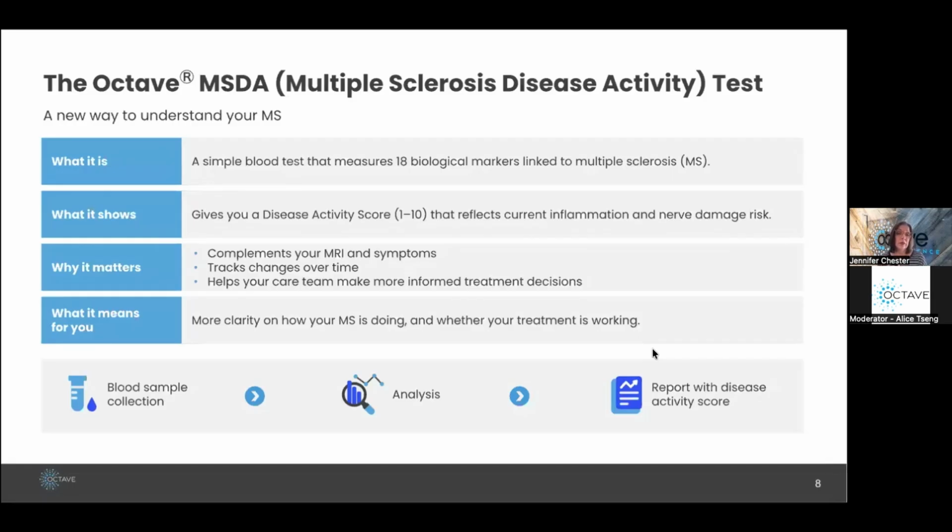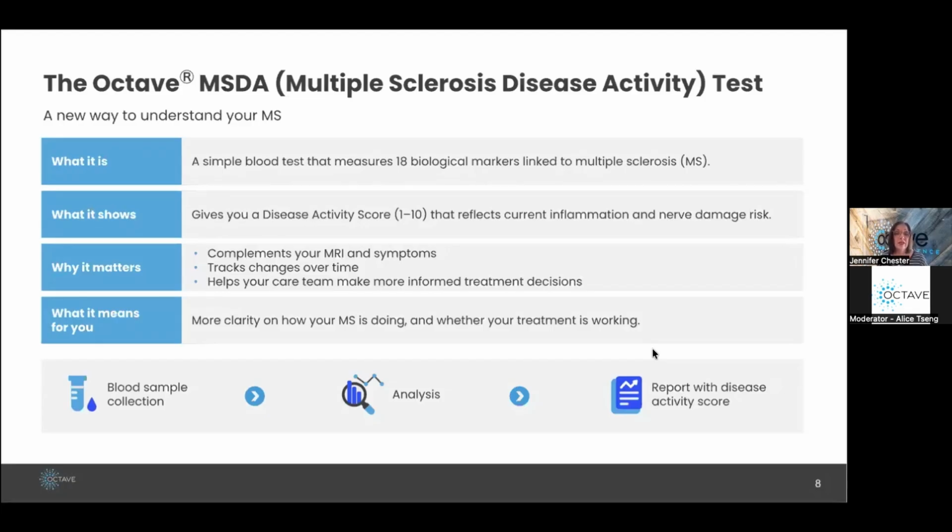And it'll come out with a score or a number that says how active the disease is. And it's showing that it indicates inflammation and nerve damage that is happening. It's important because it gives us more information about your disease. It complements your MRI and it goes hand in hand with whatever symptoms you're reporting or symptoms that your clinician is seeing. It can be tracked over time, just like your cholesterol or your PSA or that hemoglobin A1C. We're going to monitor this over time to see safety and monitoring and efficacy and watch all those things to make sure you're doing okay.